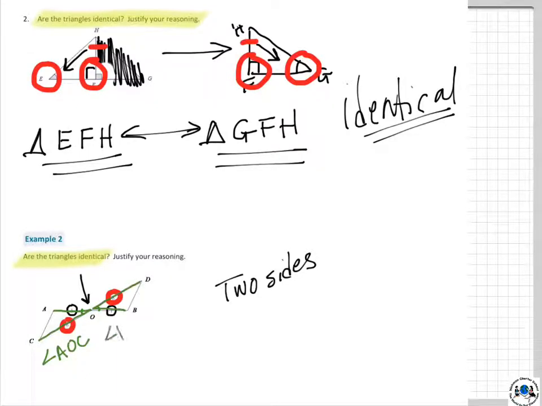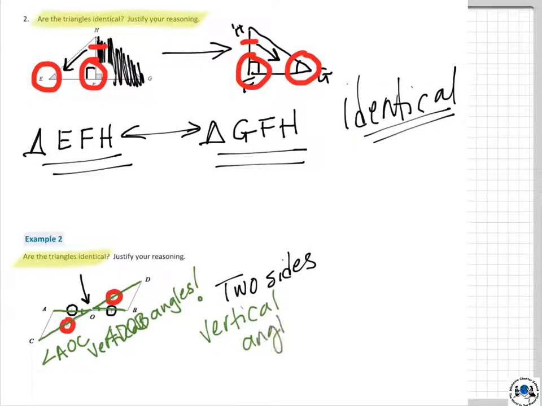They are, if you remember, vertical angles, yes, vertical angles. And what do you remember about vertical angles? Yes, indeed, they are equal.